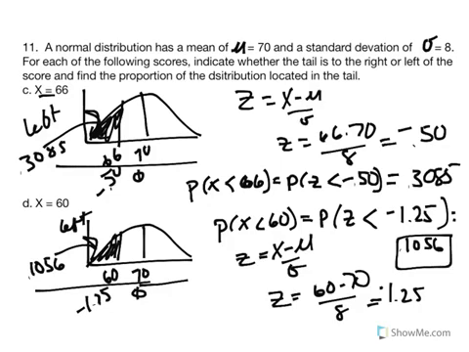Again, we can read that as there's a 10.56% chance that if we randomly selected a score from this distribution, that score would be less than 60. Or similarly, there's a 10.56% chance that if we randomly selected a z-score from this distribution, that z-score would be less than negative 1.25. Or 10.56% of the scores are below a score of 60.